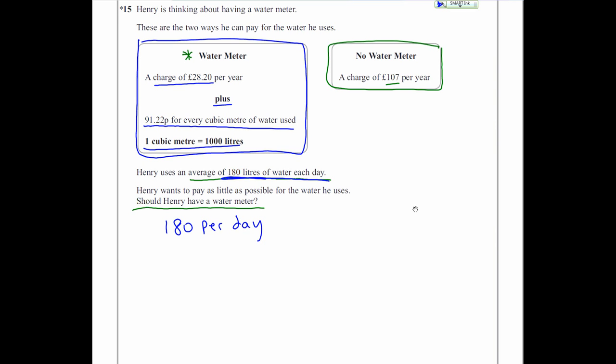Now, there's 365 days in a year. So 180 times 365, because there's 365 days. Do it on your calculator and you get 65,700. That is how many litres he uses per year.